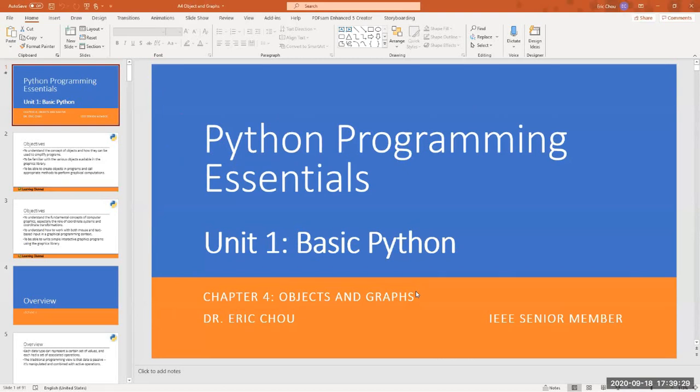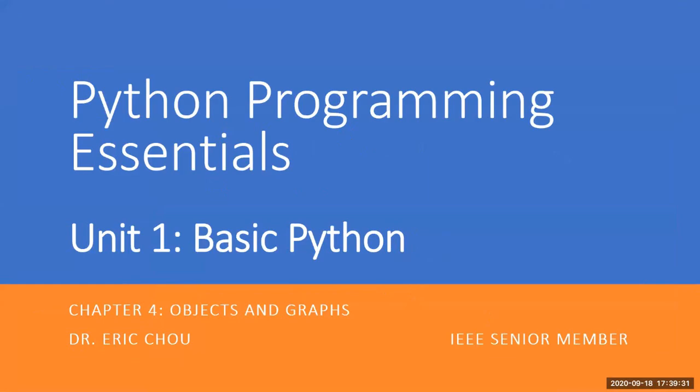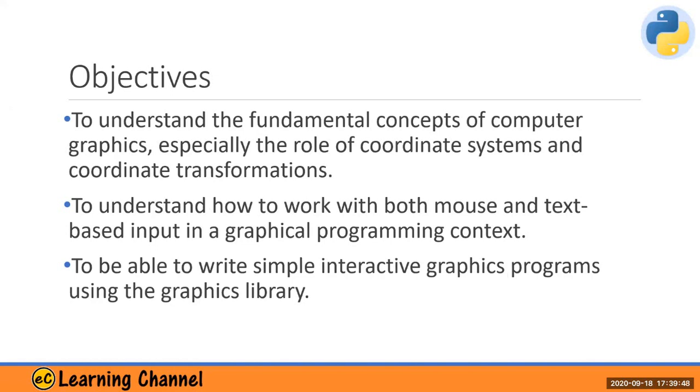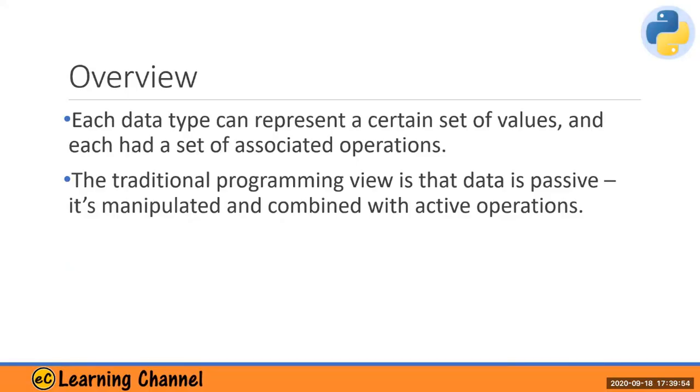The first thing you must know is Python is 100% object-oriented programming. So everything in Python is an object, okay? Everything in Python has a data type and has functions working on it. We need to understand the basics about objects.